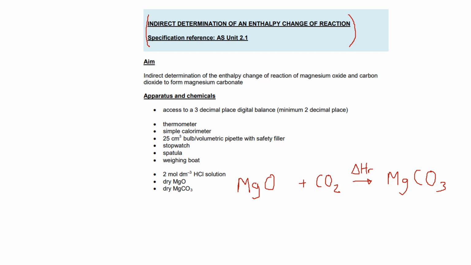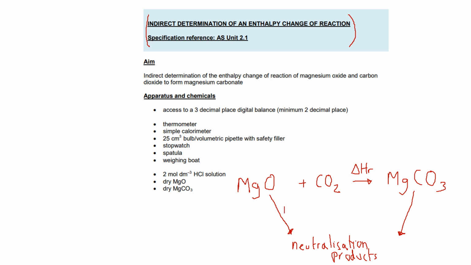What we can do is react magnesium oxide with acid, and react magnesium carbonate with acid, to work out the neutralization products. So you take some magnesium oxide, react it with acid, and measure the enthalpy change.